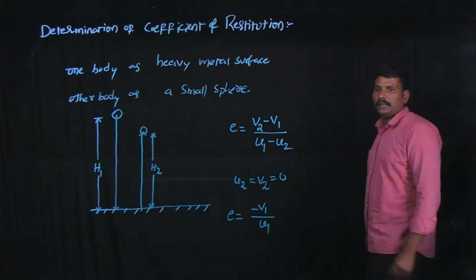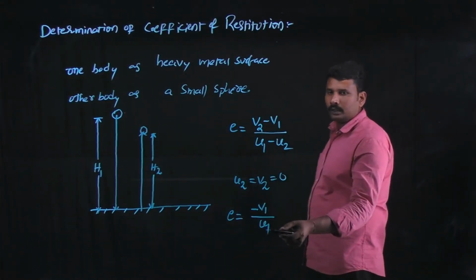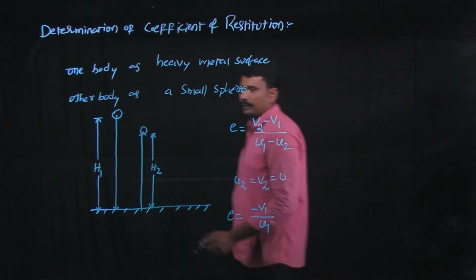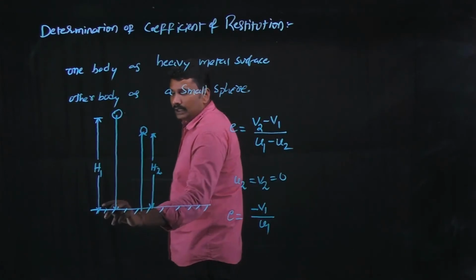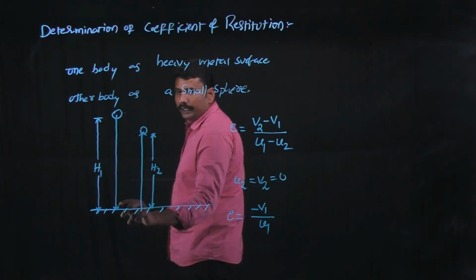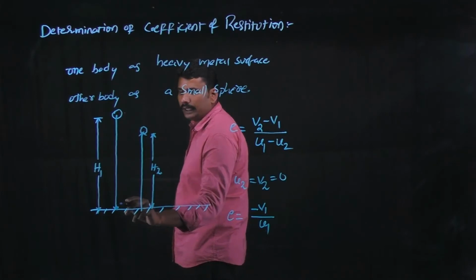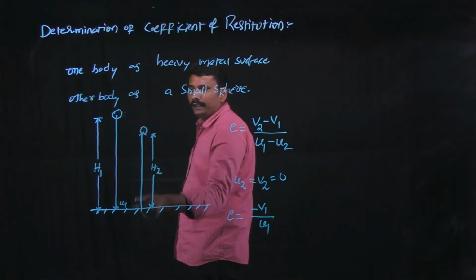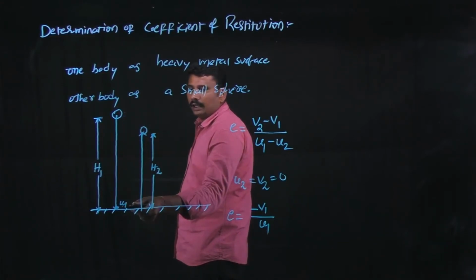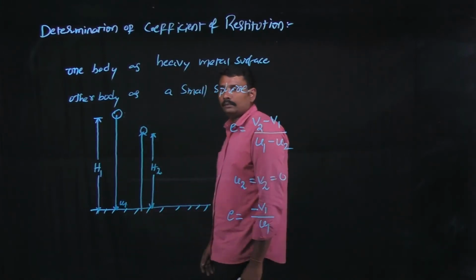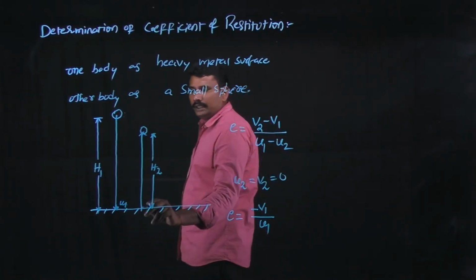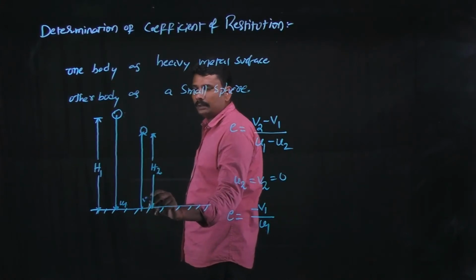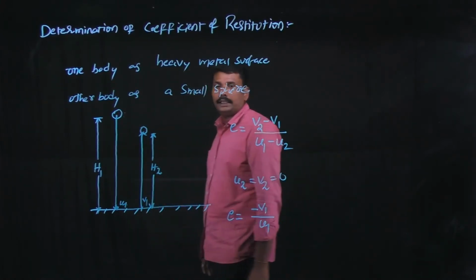Here u1 is the velocity of the sphere just before hitting this surface, and v1 is the velocity of the small sphere after hitting the surface.